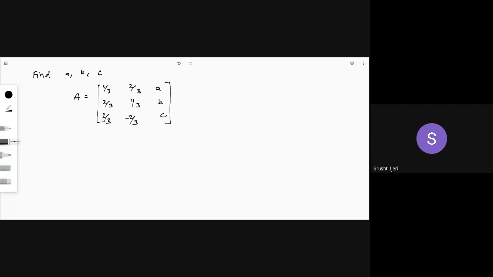Okay. Let me just make there a twist and then end the lecture. A is equal to plus minus 2 by 3. Exactly right. B is equal to minus plus 2 by 3. And C is equal to plus minus 1 by 3.